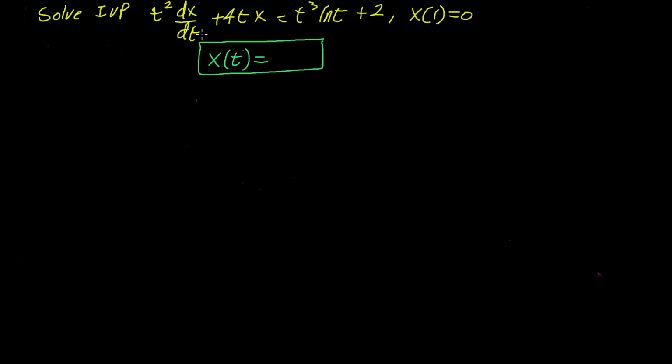And as you see here, the right-hand side is dependent on t, which is fine. We have the dependent variable x in this left side, which is fine.